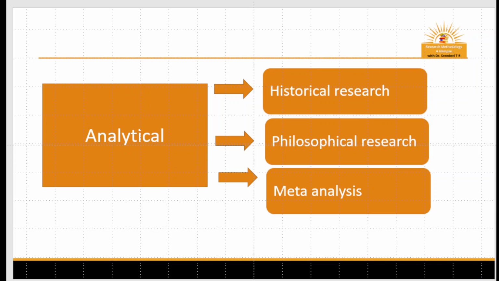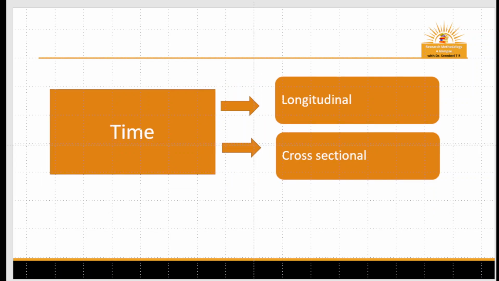Historical research uses historical sources to study events of the past. It is a systematic collection and objective evaluation of data related to past occurrences. Philosophical research deals with understanding and assessment of human thought. Meta-analysis or research synthesis is analysis of reviews or publications.